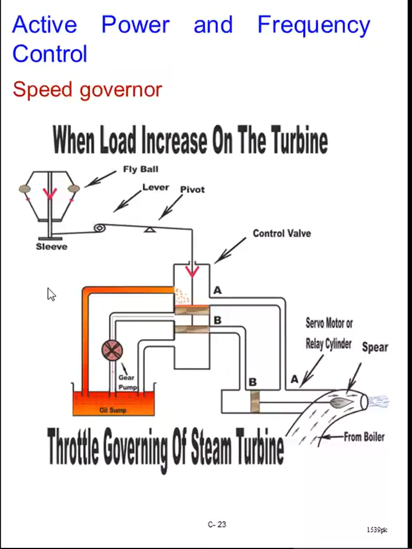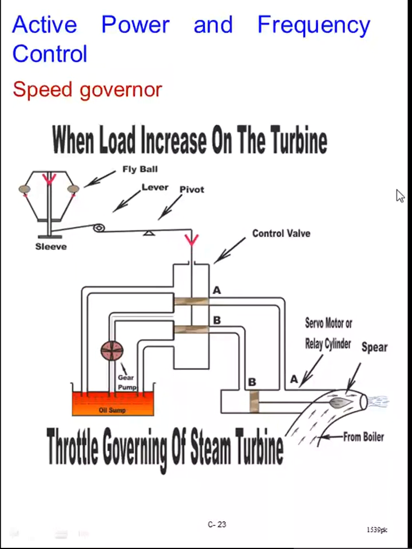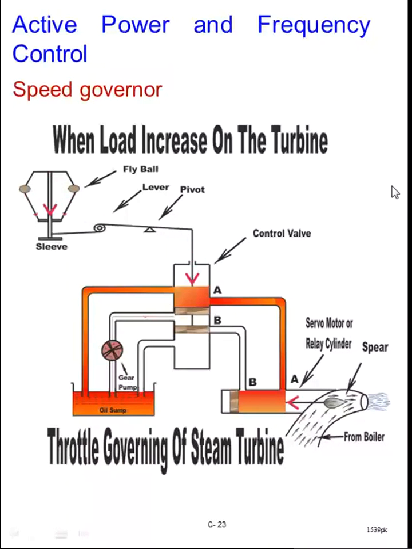So let us say that you have a load increase. If you have a load increase, it means you need more power to be generated, and if you want more power to be generated, then you need more steam inlet or water inlet to the turbine.